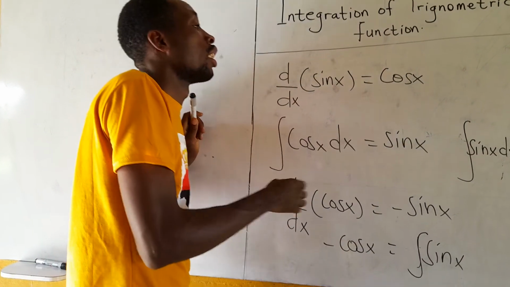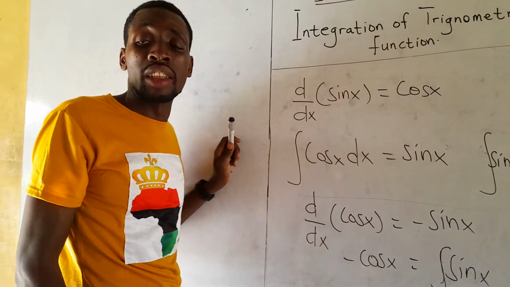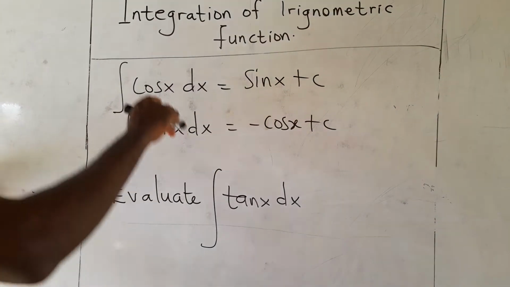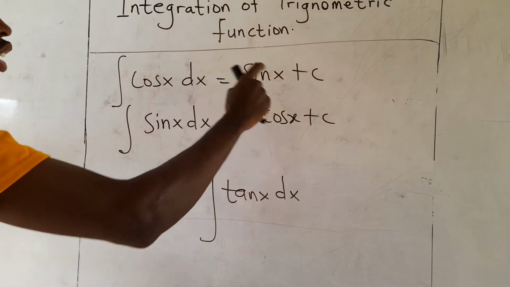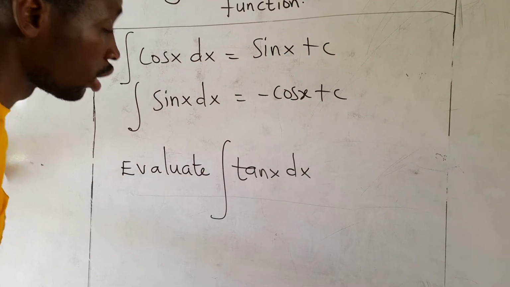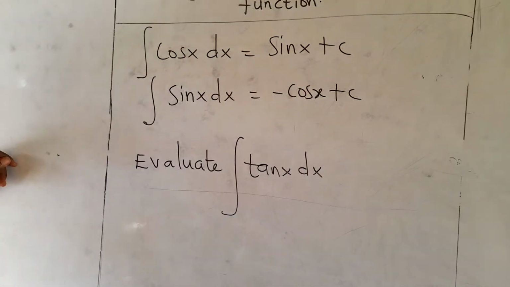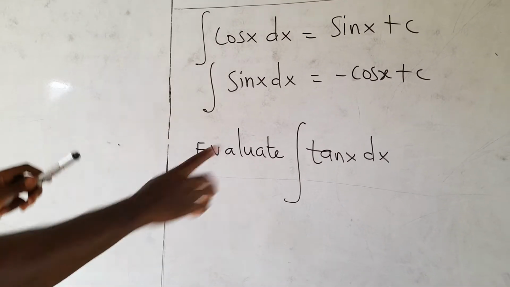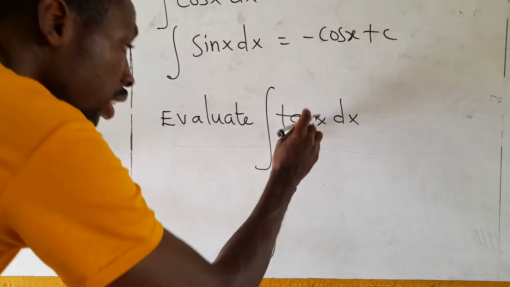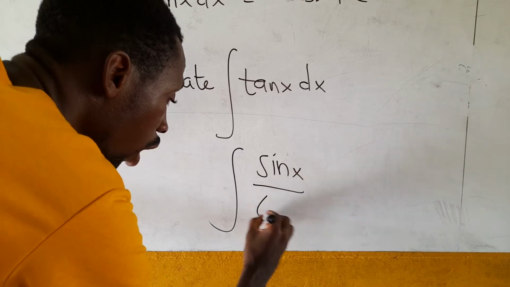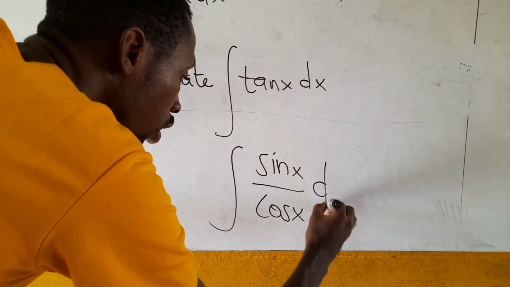The next thing is the integration of tan. Take this as very important: the integral of cos x is sin x plus c, and the integral of sin x is negative cos x plus c. We'll be using that very often. Now, we want to evaluate the integral of tan x dx. Remember, tan x is sin x over cos x.